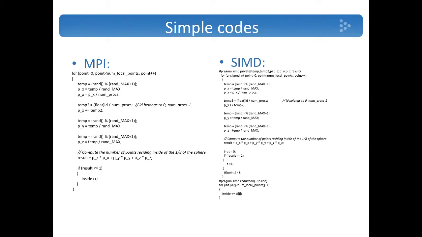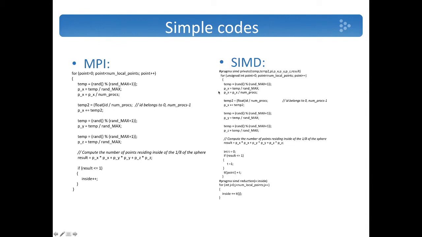And you see this code, they don't use the vector unit at all. So we have to think about a solution to use the SIMD unit. As you can see in the code on the right here, I put a pragma simd and some private variables here.